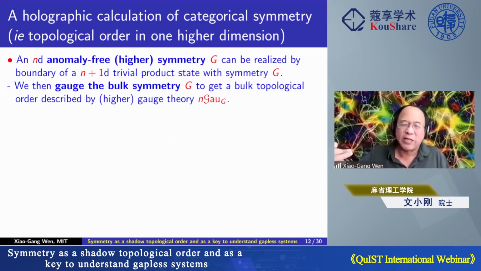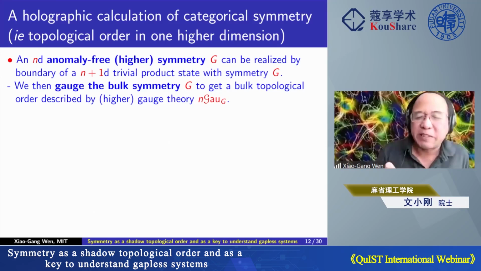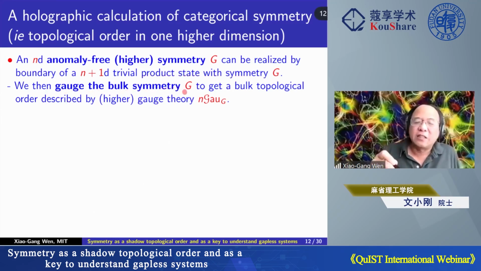We can always add a product state to go to higher dimension. Okay, and because it's a product state with symmetry, we can gauge the bulk symmetry, and then when you gauge the bulk symmetry, we get a topological order in one higher dimension described by this G gauge theory.